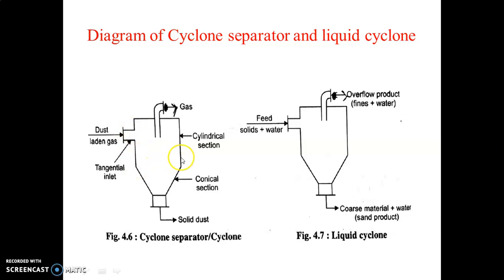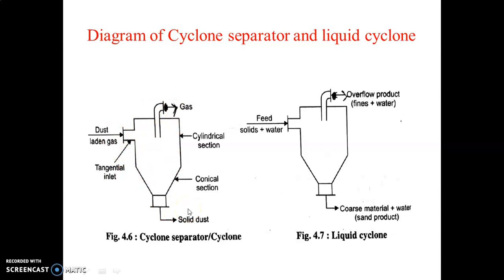So this is the vessel or cylindrical section, and these solid particles are dropped into the conical section and removed from the bottom, and the clean gas is taken out through the central outlet provided at the top. So in this way the cyclone separator works. So this is the working of the cyclone separator.